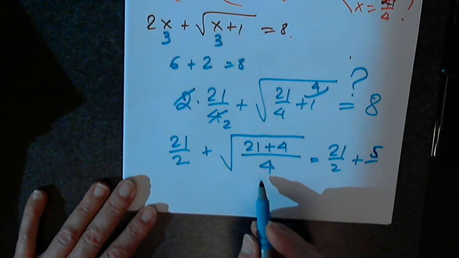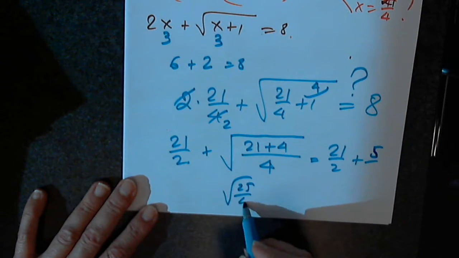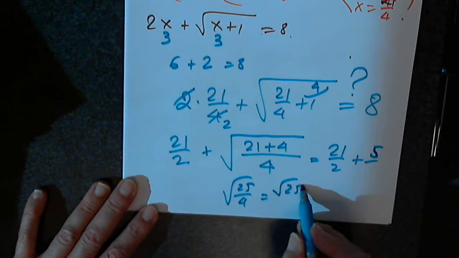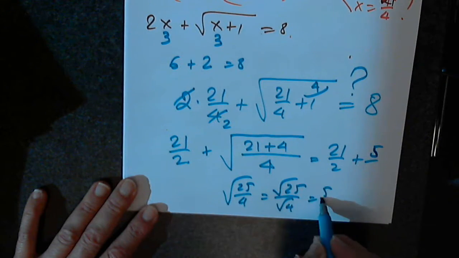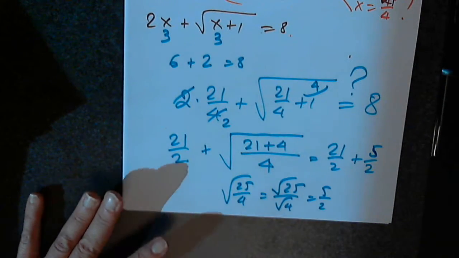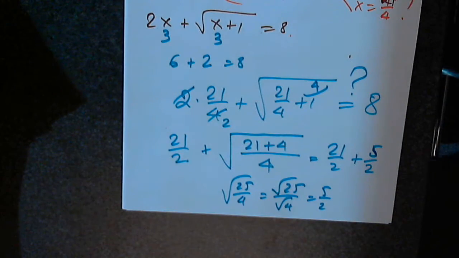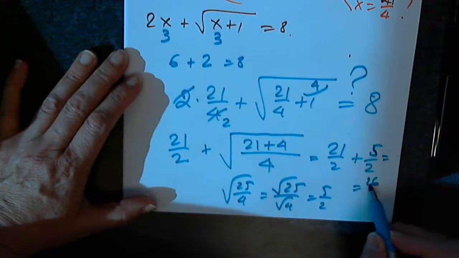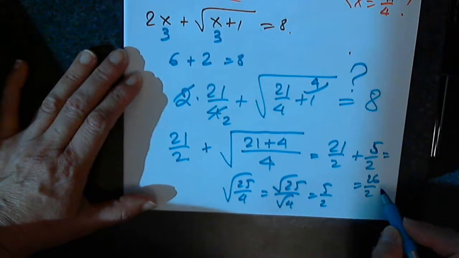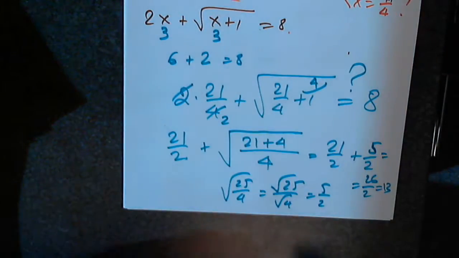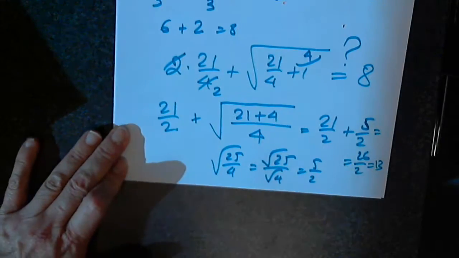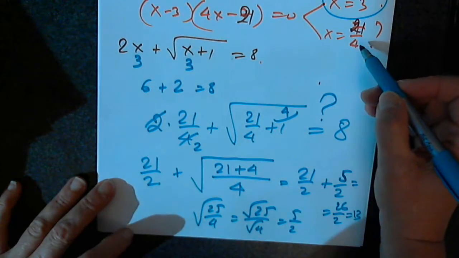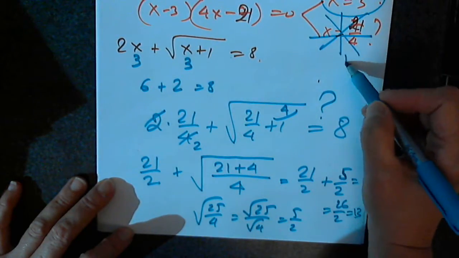How much is the square root of 4? Because remember, the square root of 25 over 4, as we learned in this chapter, is 5 over 2. So how much is 21 plus 5? 26. How much is 26 divided by 2? Does 13 equal 8? So what will I say about this? No.